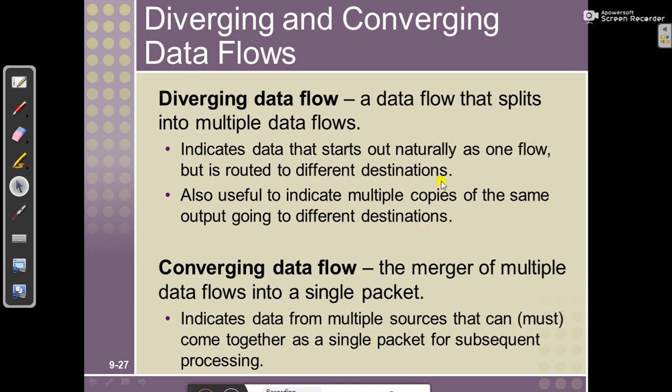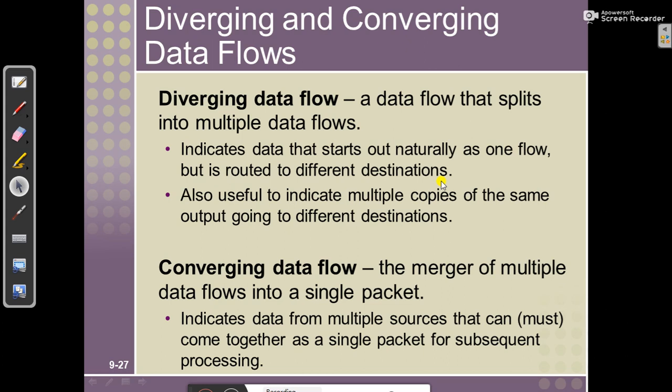Again, next, diverging the data flow. A data flow that splits into multiple data flows, we need to diverge those data flows. It indicates the data that starts out necessarily as one flow, but is routed to different destinations. It might be, in case of a composite case, as we have seen in the previous slides. It is also useful to indicate multiple copies of the same output going to different destinations.